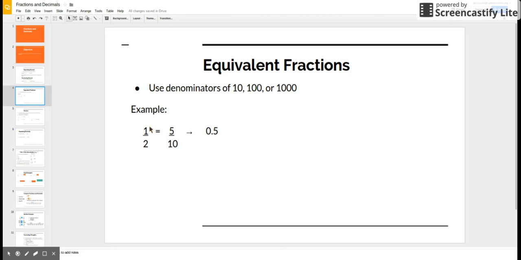All you have to do is multiply this numerator 1 times 5 to get 5, and multiply the denominator 2 times 5 to get 10. So 1/2 and 5/10 are equivalent fractions. And then if you say this 5/10, you end up getting 0.5 as a decimal.